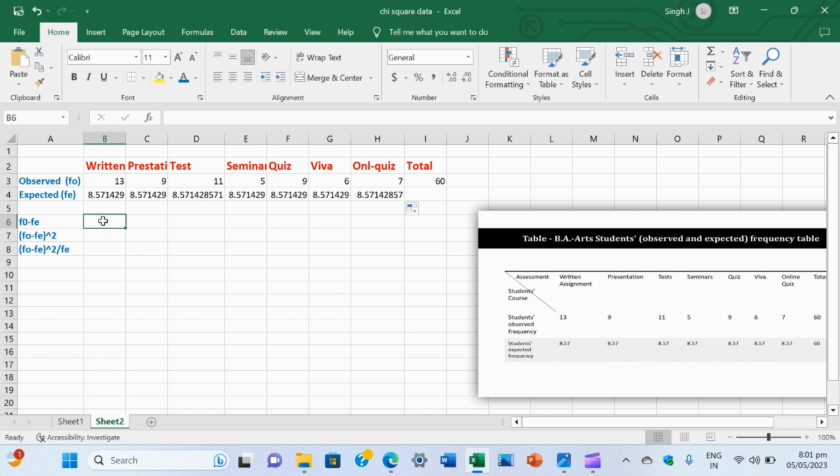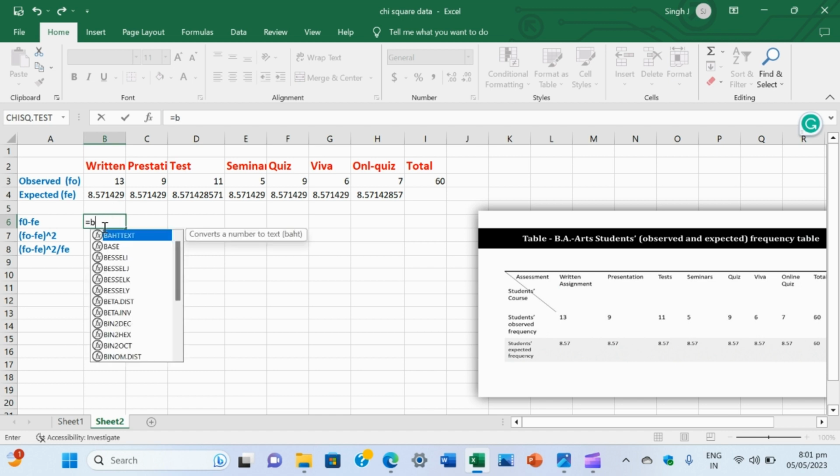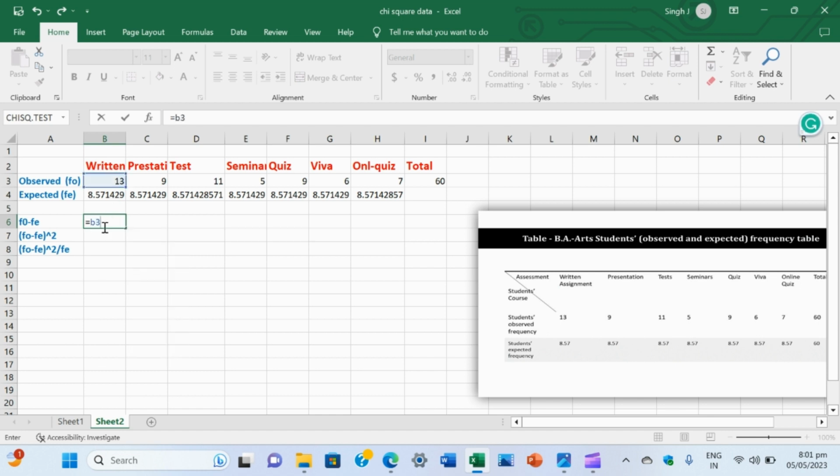For this, we put the equal symbol and write B3 minus B4.